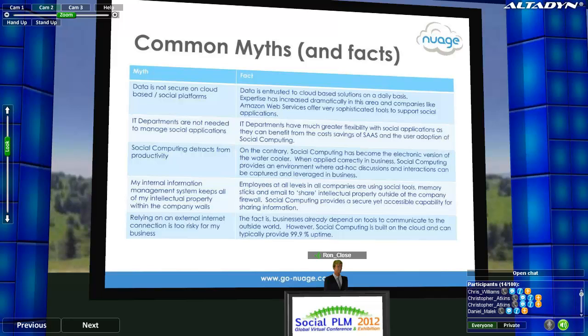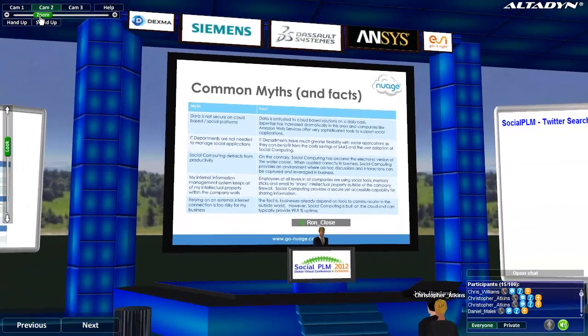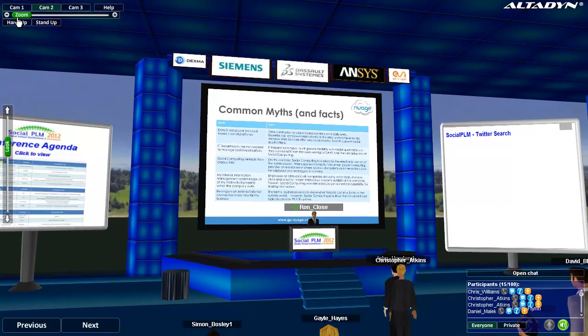I think that social computing has actually become today's water cooler. When I managed a fairly large team of dispersed individuals at Siemens and Autodesk, I was very happy that they would speak to each other and have these conversations, because a lot of times that would help them get their jobs done. So I really think that social computing is actually bringing people together.